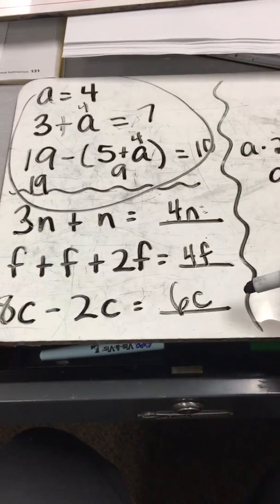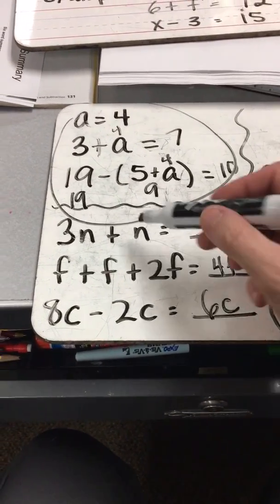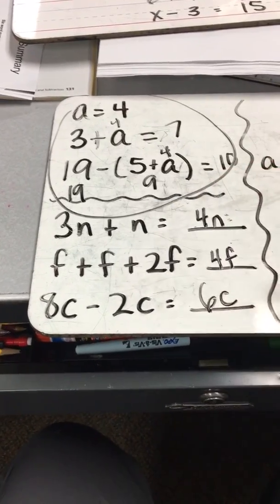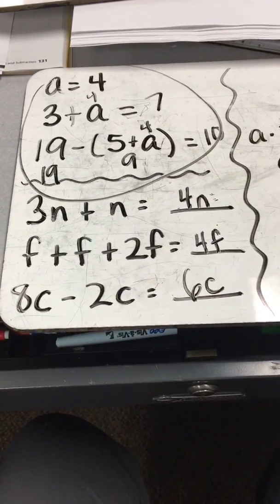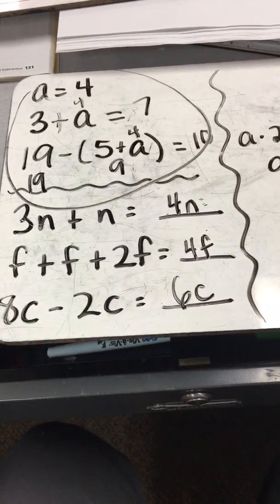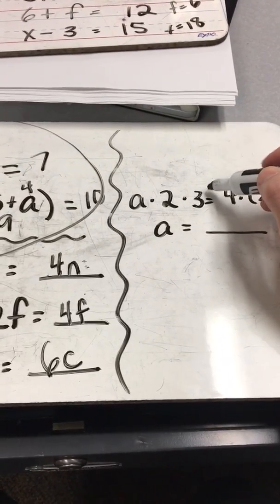So there are going to be situations where you're adding, subtracting, or multiplying using a variable, and a variable again is a letter that stands for an unknown number, but you can solve part of that problem.